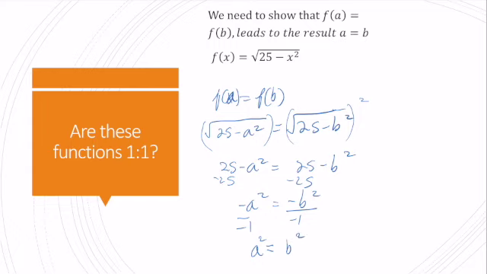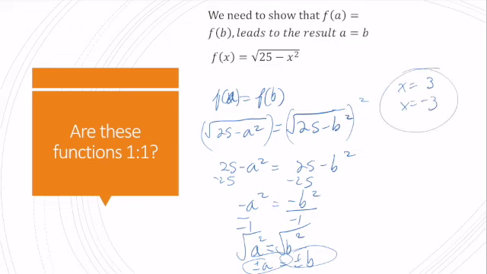Okay, and I'm going to go ahead and take the square root of this. Now remember, with square roots, I can get both positive and negative square roots. So I get plus or minus a equals plus or minus b. And that's not really fair, right? Because I could have plugged in x equals 3 and x equals negative 3, and I would have gotten the same answer. So this is not a one-to-one function. So it doesn't have an inverse.